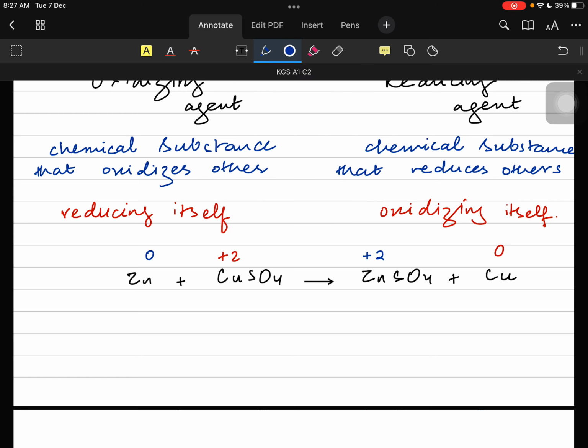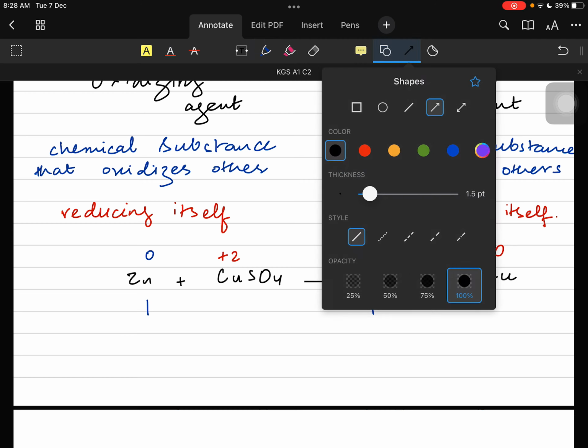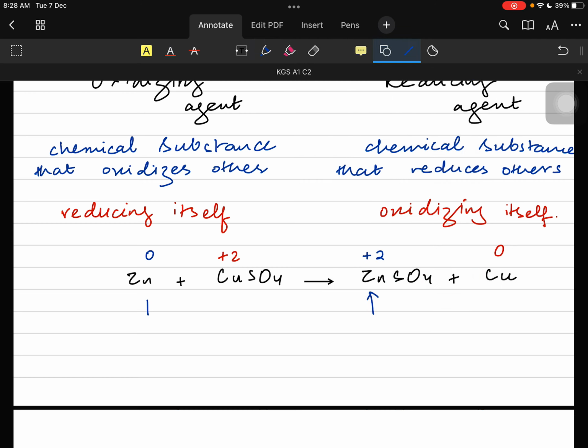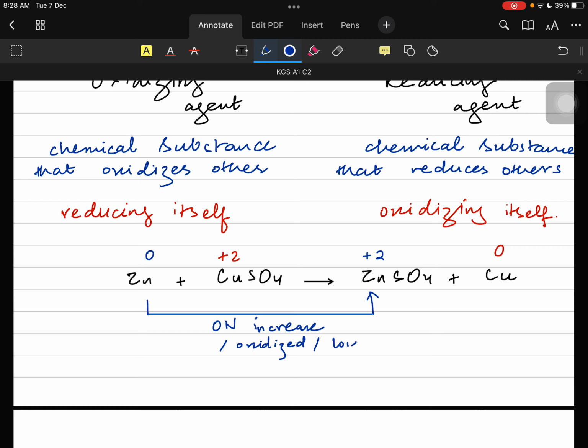So the oxidation number of zinc is increasing. It is oxidized over here. We know this. It loses electrons.